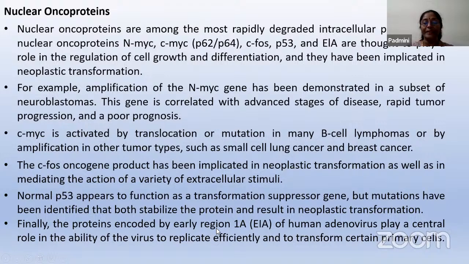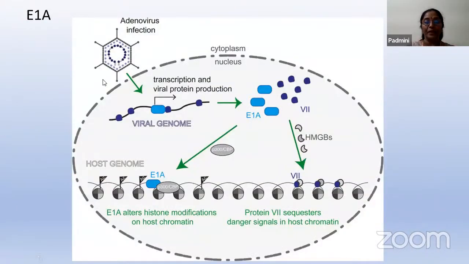As I told you, early region 1A of human adenovirus, and it plays a role in virus replication efficiency and in transforming certain primary cells to cancer cells. So these are the nuclear oncoproteins, and this is how the adenovirus E1A infection occurs.